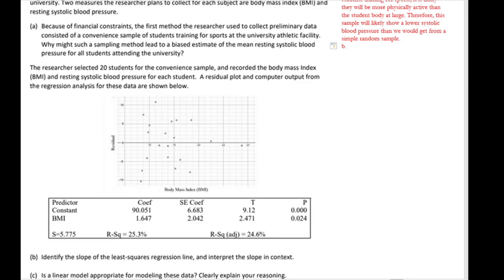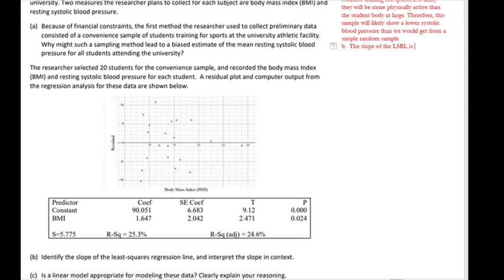So in this one, the slope of the LSRL, that is going to be over in the computer printout, and it's going to be the predictor that actually gives a variable. So we're going to look at the predictor BMI, and then coef, the coefficient, is going to be the one that we can use there.